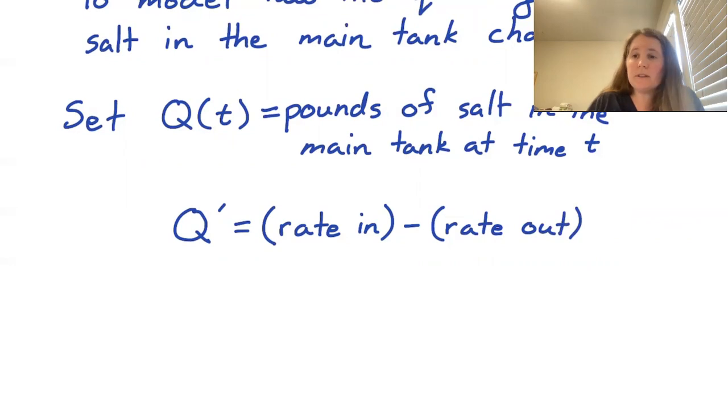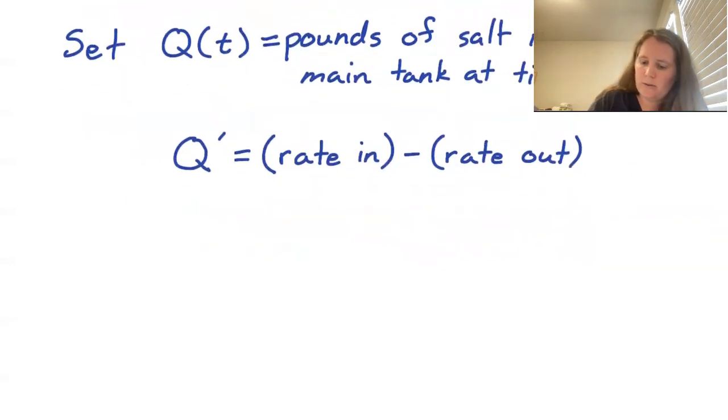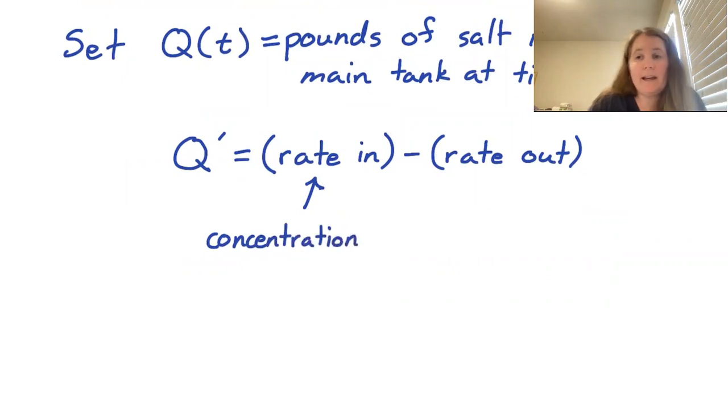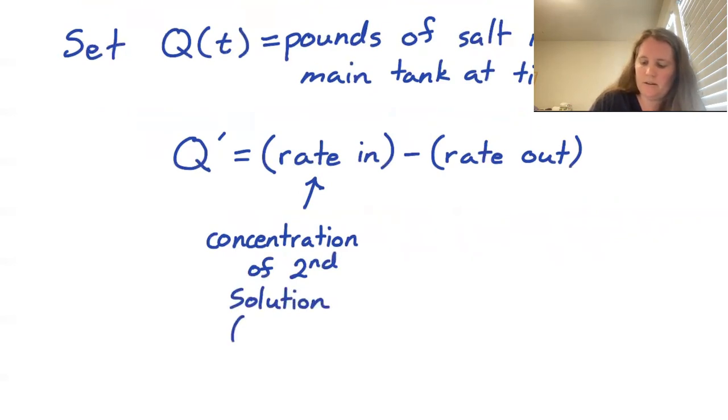To find each of these, we will use the concentration. So for the rate in, we're looking at the concentration of what we're adding. So this will be the concentration of the second solution. Often that will be in pounds per gallon.